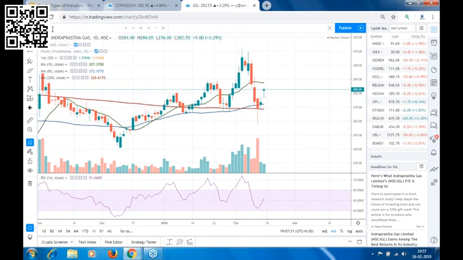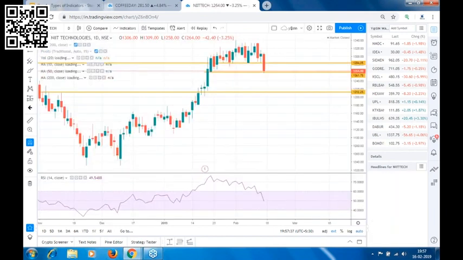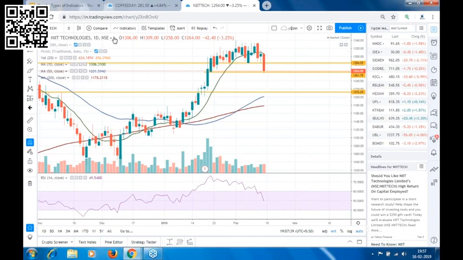Now see, if we talk about NIIT Tech, the day I gave this stock for shorting, for 2 days it did not break the level. See, that is why I'm saying that levels are very important. If you know how to identify a correct level at which you want to enter a stock, whether it be buy or sell, once the level is broken... Now see, I can see that this stock is taking a support at this level.